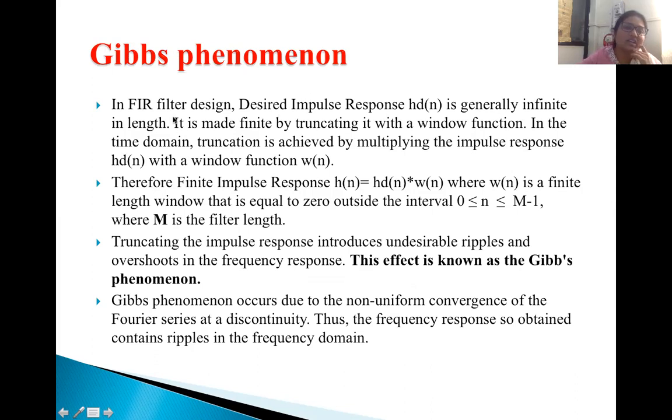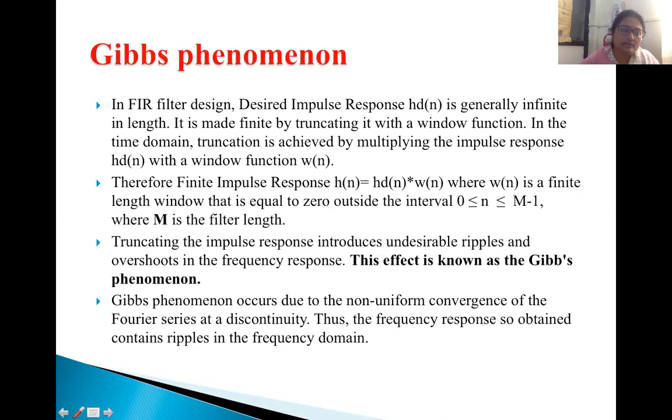In FIR filter design, the desired impulse response h_d of n is generally infinite in length. But practically what we want is a finite impulse response. So it is made finite. How is it made finite? By truncating it, by cutting the signal with the use of a window function.